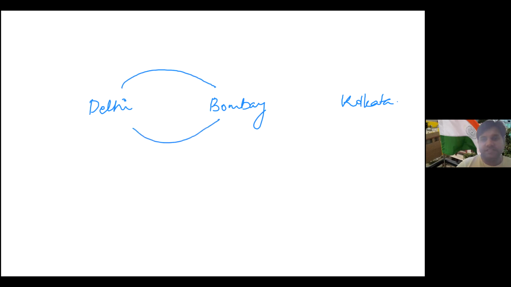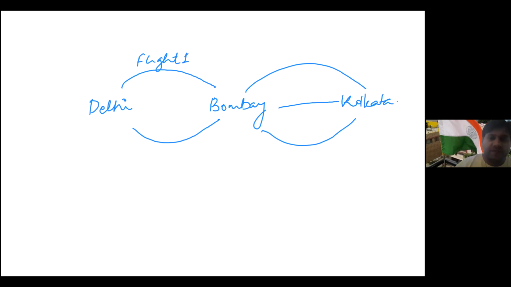But from Bombay to Calcutta, there is flight 1, flight 2, and flight 3. Let's call them flight A, flight B, and flight C.